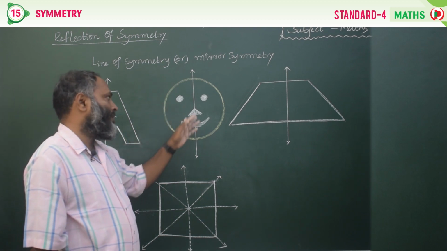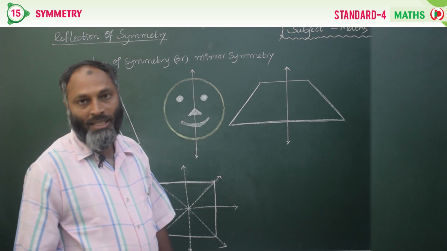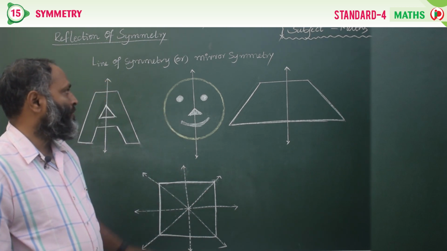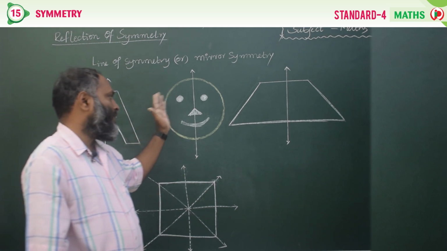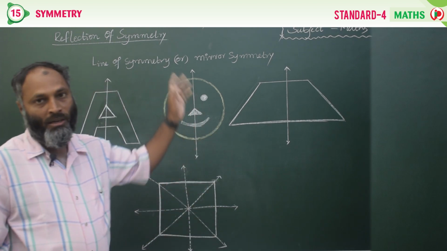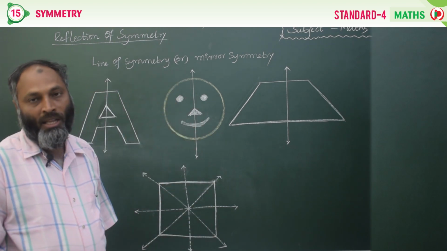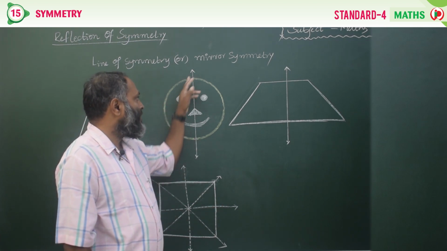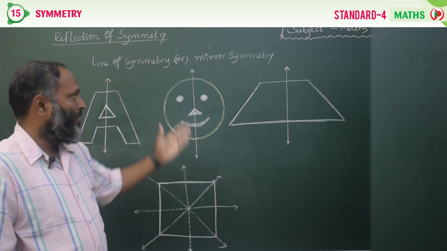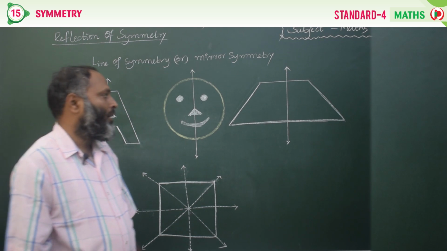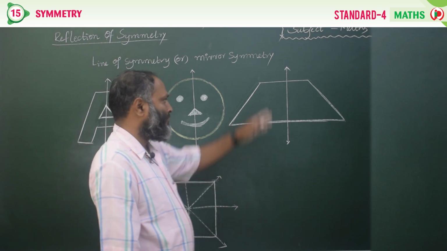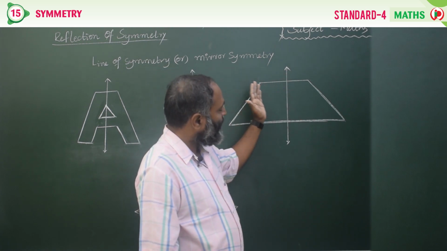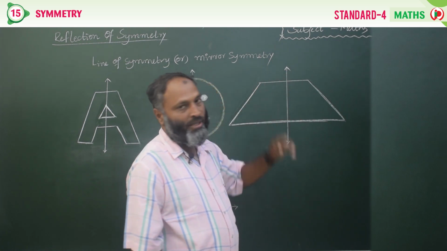Now in the smiling face, if you draw a vertical line through its center, you form two identical shapes. So this line is called line of symmetry or mirror symmetry. In the trapezium also, if you draw a vertical line, you form two identical shapes, left and right.